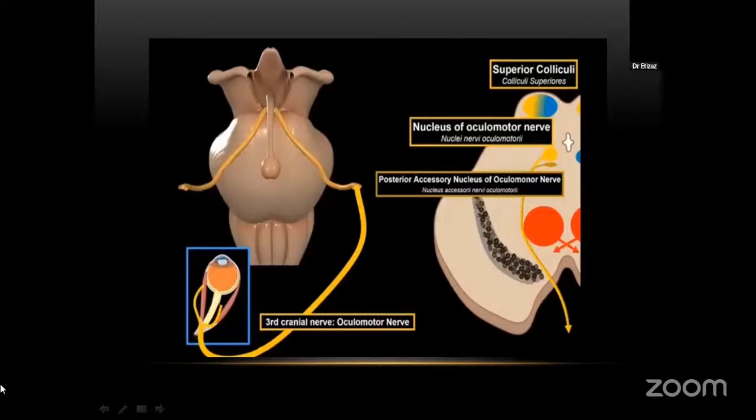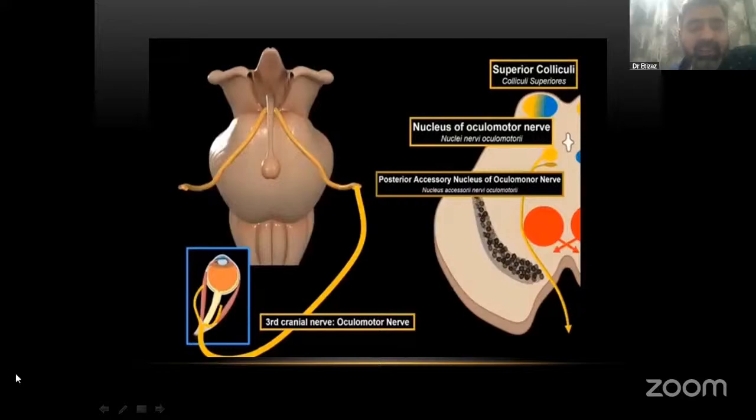Substantia nigra has two parts. This darker part, which has these granules, you can see, is the anterior part. Can you appreciate? And the posterior part is less dark, a little bit grayish in color and smooth.